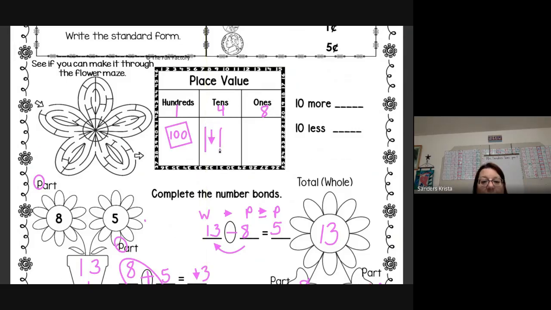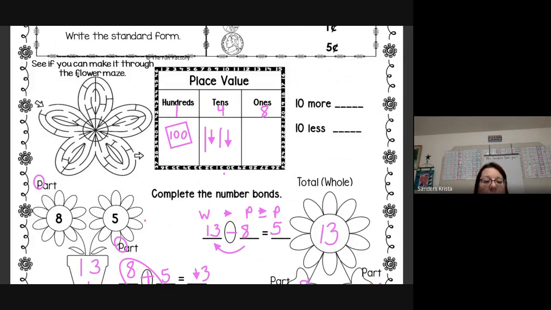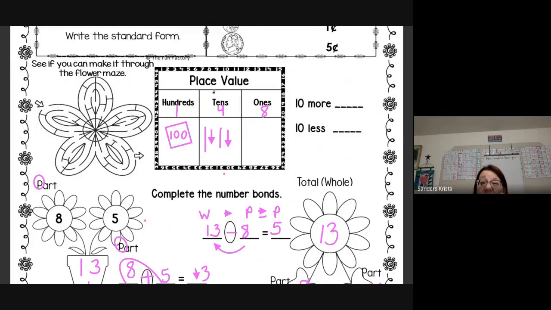2 tens, 3 tens, 4 tens. So we're just going to pretend that those are 10 sticks. Okay, so we've got one group of 100 and 4 tens, and then we have 8 ones. 1, 2, 3, 4, 5, 6, 7, 8.